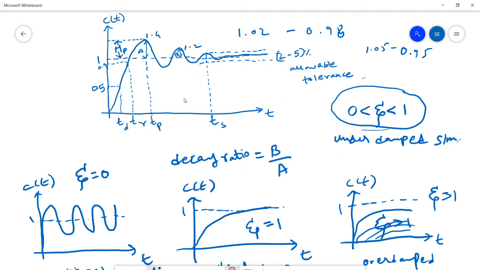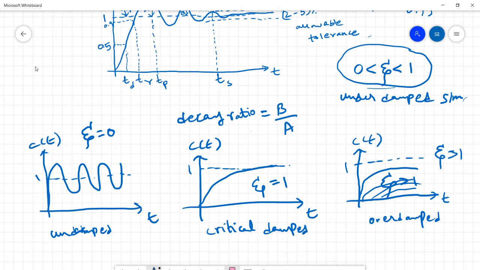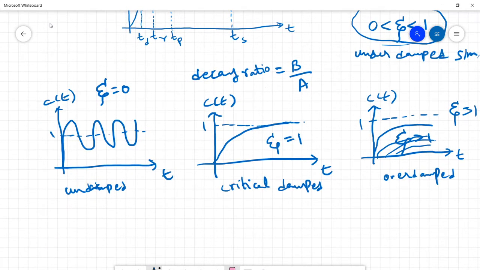Okay, then we'll start deriving. One by one we'll go. Initially we'll start with rise time here, right?